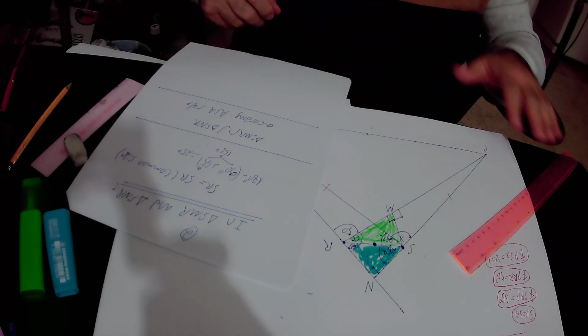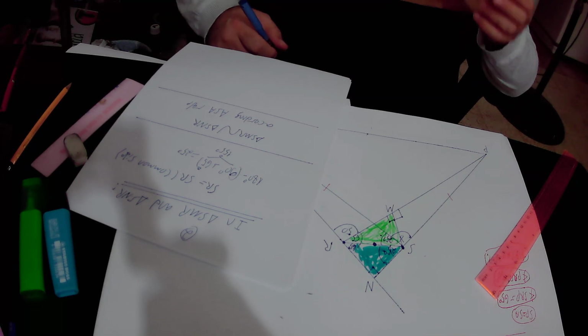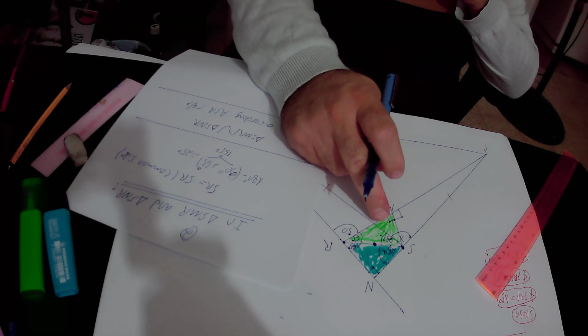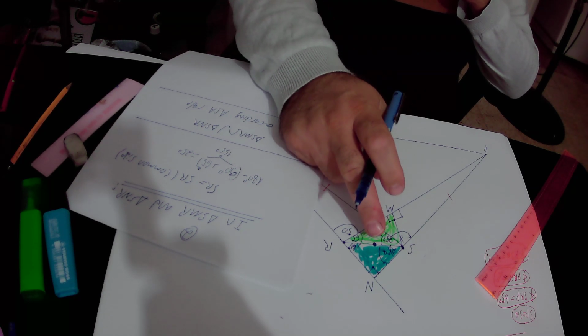Actually, we proved more than we need, because we proved that all the three angles of the green triangle are equal to all the corresponding three angles of the blue triangle.